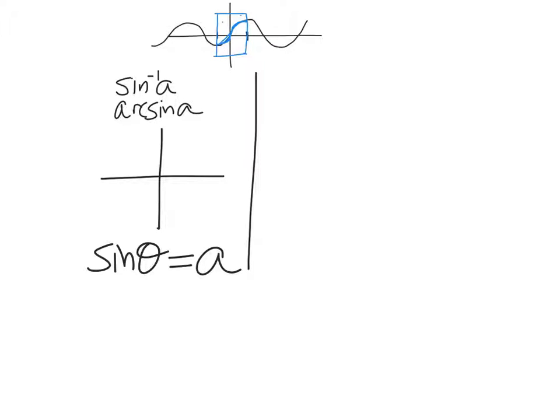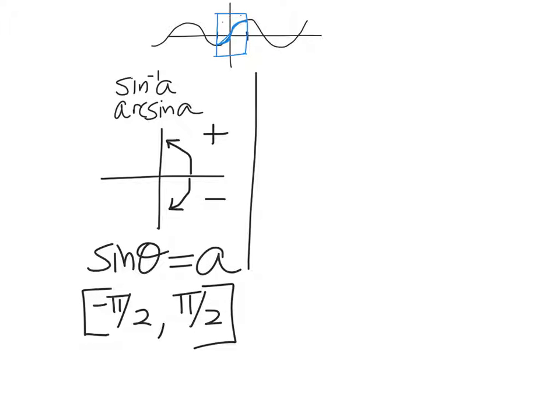Your answers have to fall in quadrant 1 if it's positive, or quadrant 4 going the opposite direction if it's negative. So when you're evaluating sine of theta equals A, theta has to be between negative pi over 2 and positive pi over 2.